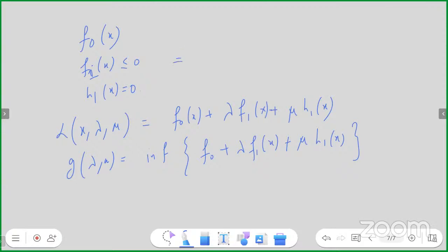So take this as minus x greater than or equal to 0 and take it as Ax equal to b.